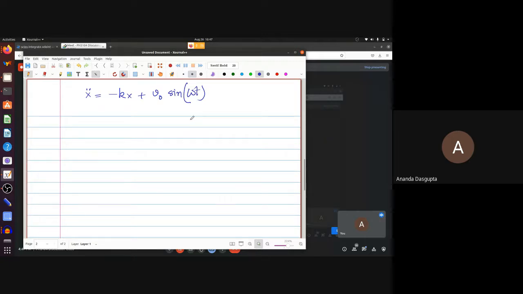So what kind of a differential equation is this? Non-homogeneous second order ODE. Okay. Second order is what I'm really interested in. The rest is also important.